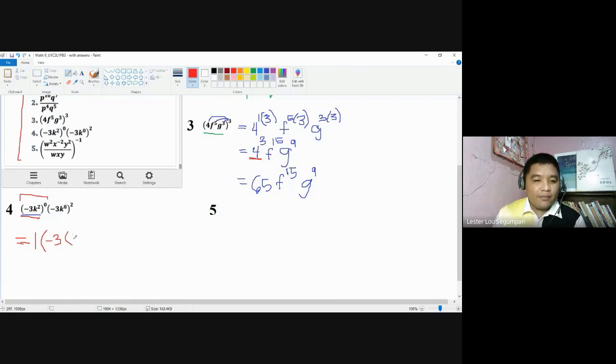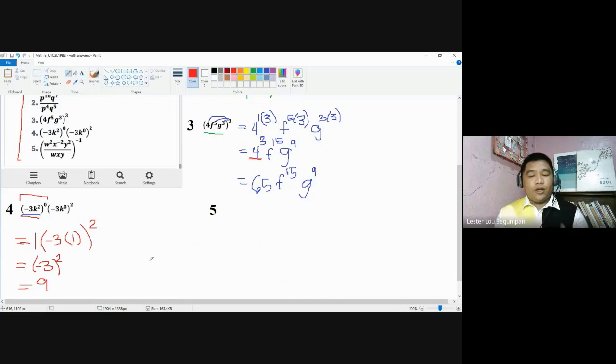So that will become 1, another raised to squared. Okay? Again here, k to the power 0, only k is raised to 0. That's why it is the only expression that will become 1. Negative 3 is still negative 3. Next, this is 1 here. So you will have negative 3 times 1 is negative 3 and then squared. So the answer for number 4 is simply 9.